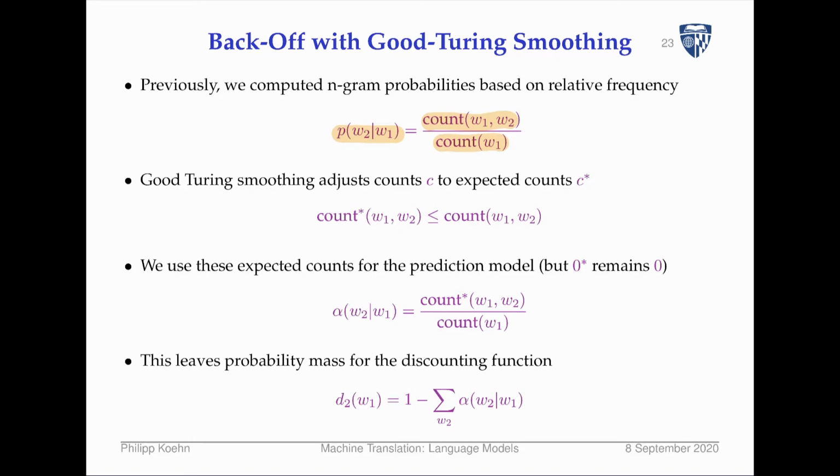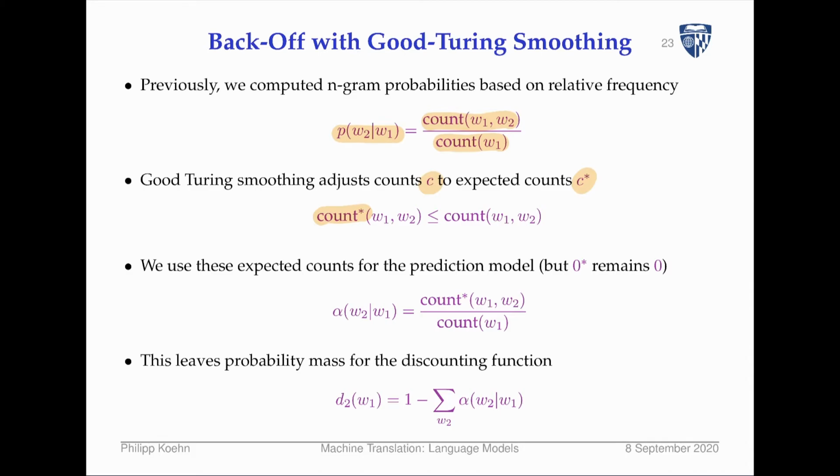Some word sequences occur once, some occur 5 times, some occur 100 times. And Good-Turing allows us to take these counts that we actually collected over the data and convert them into expected counts. These expected counts are going to be smaller than the actual counts because we have to save some probability mass for unseen events. So we are discounting everything a little bit.